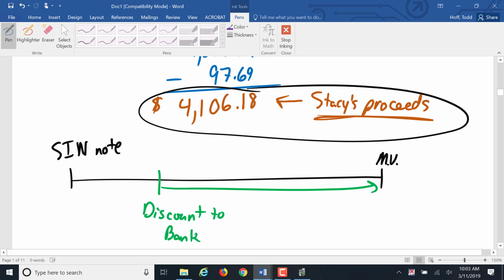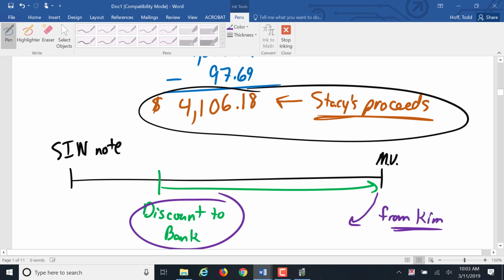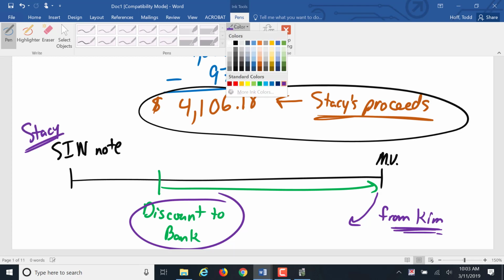Stacy is the owner of the original note. It was Kim that owed the money to Stacy. And now the bank has taken over the rights to collect that money from Kim. However, if Kim does not pay, the bank does not have a contract with Kim. The bank's only contract is with Stacy.